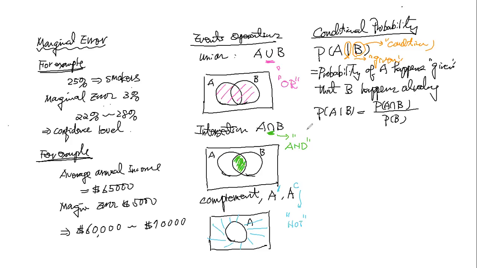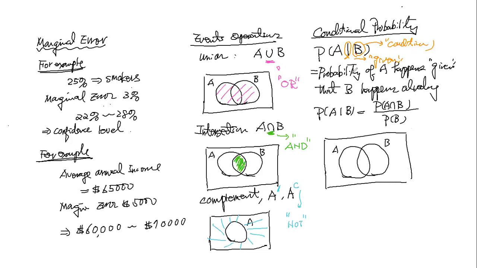It's not. Let me give you a graph, and I think from the graph you will get a better understanding. This is A, this is B. So A given B, where B is the condition. That means given that B has already happened, this part is B. Given that B already happens, what is the probability that A is going to happen?